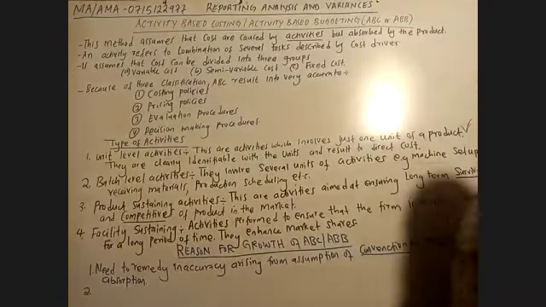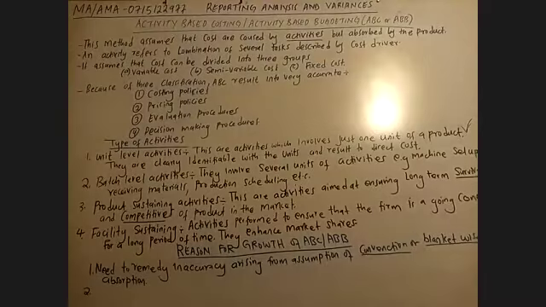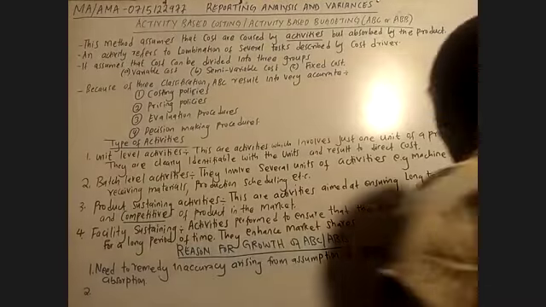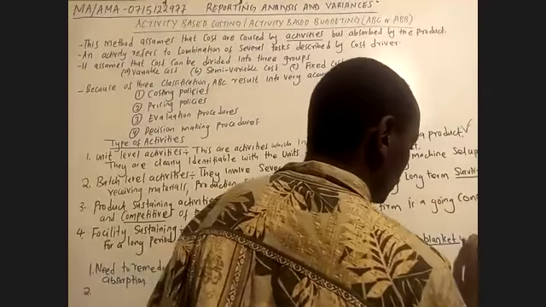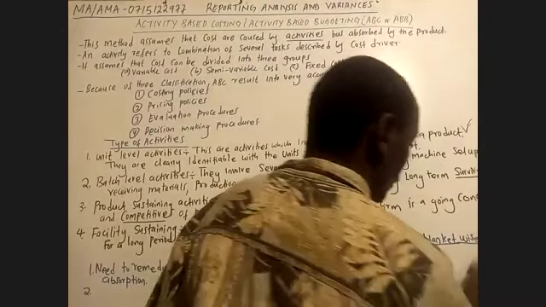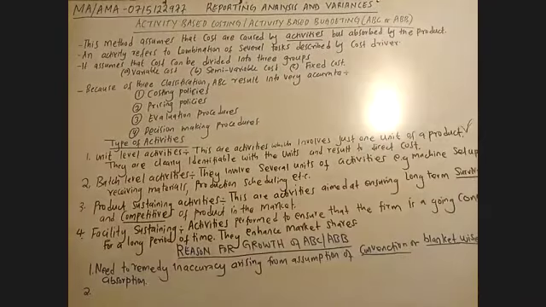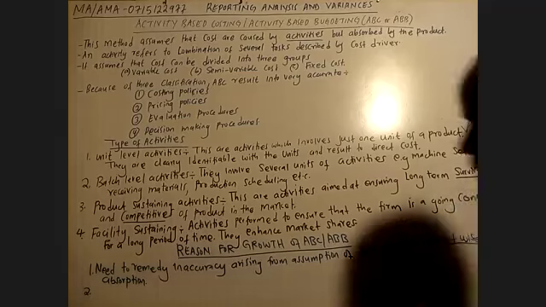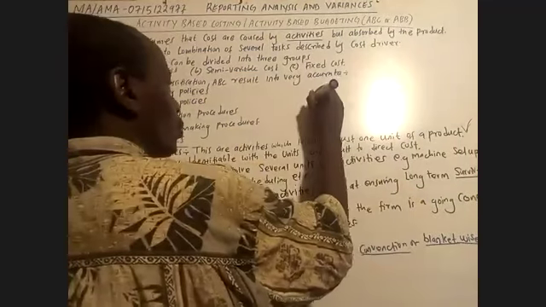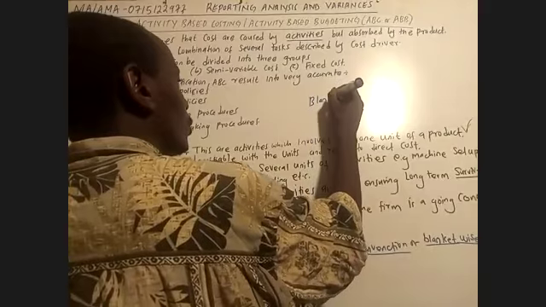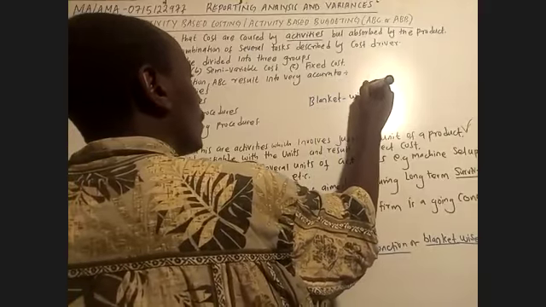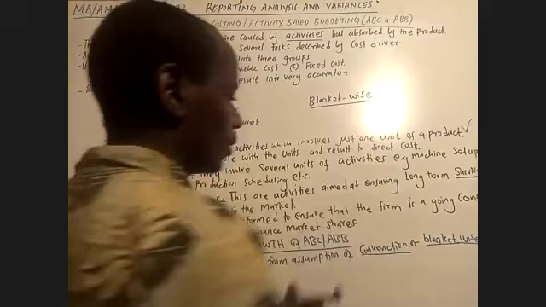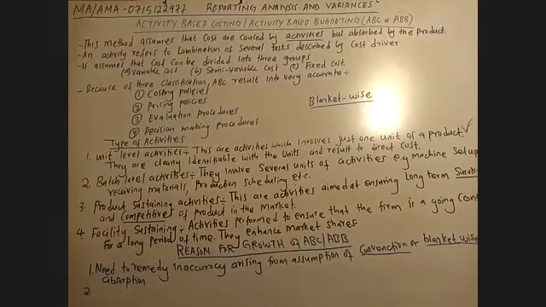It is mostly inaccurate, and therefore there was need for the growth of the ABC.